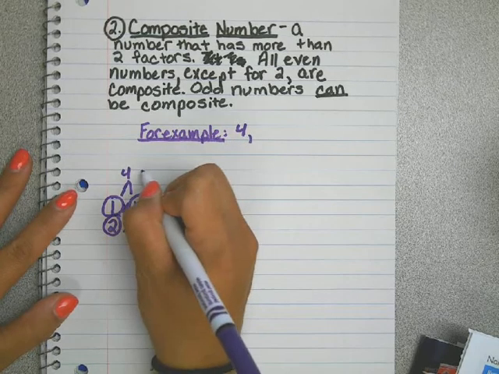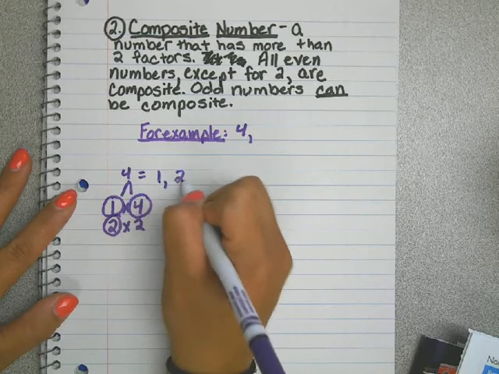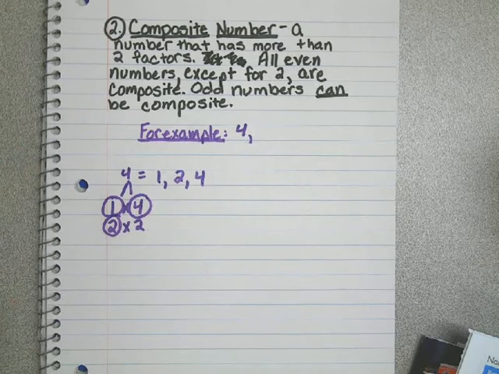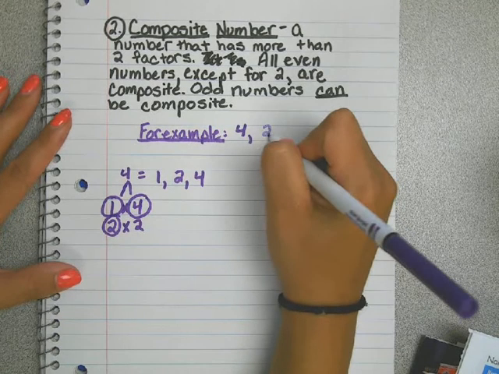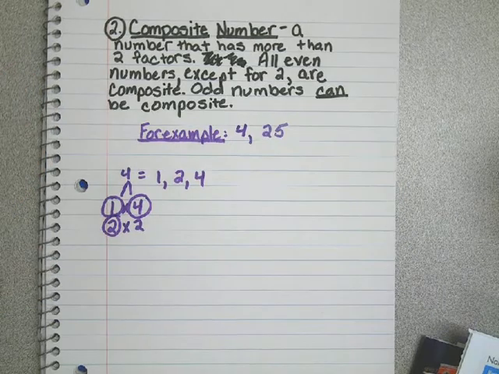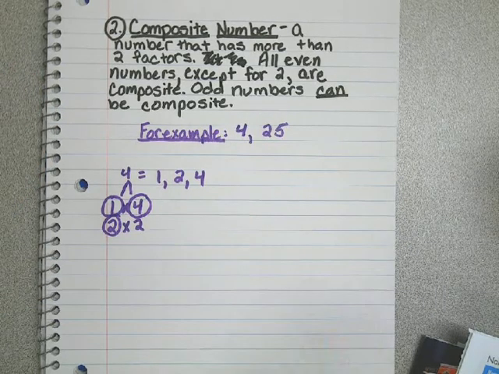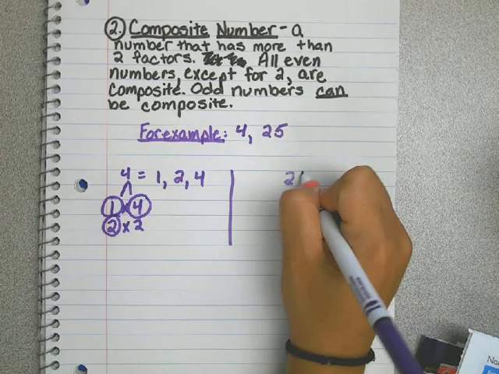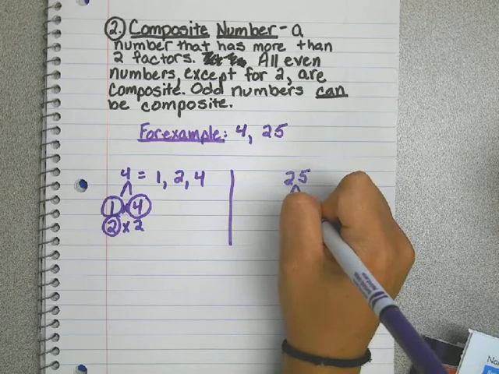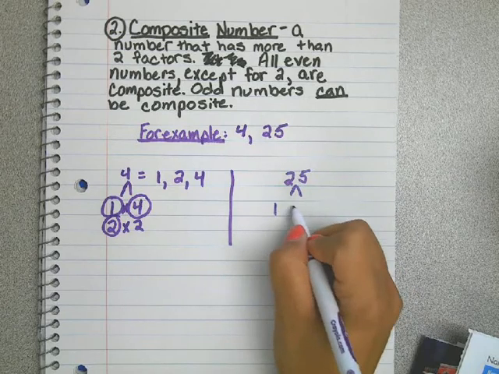Factors go into a number. Okay, Sydney? 2, 1, and 4? Yep. 2, 1, and 4. 4 is composite. If I do a factor tree off to the side, I know 1 times 4 and 2 times 2, right? So it has 1, 2, 3 factors.